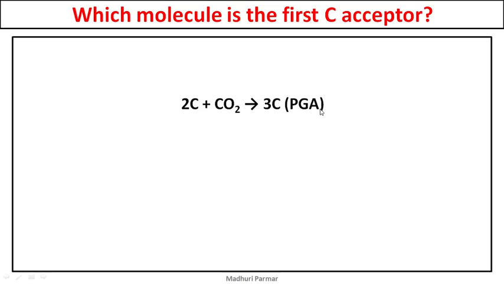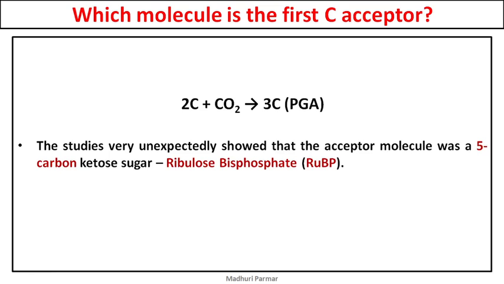phosphoglyceric acid. However, after years of research it was found that the first carbon acceptor, the carbon dioxide acceptor, is not a 2 carbon compound. It is actually a 5 carbon ketose sugar called ribulose bisphosphate. Remember in biomolecules we had also seen ribose and ribulose.